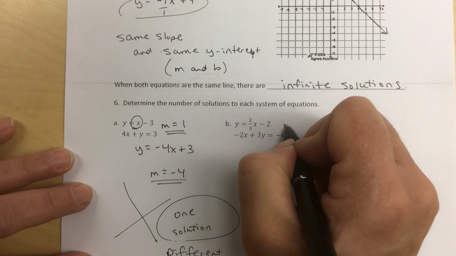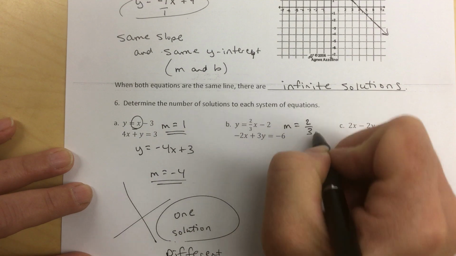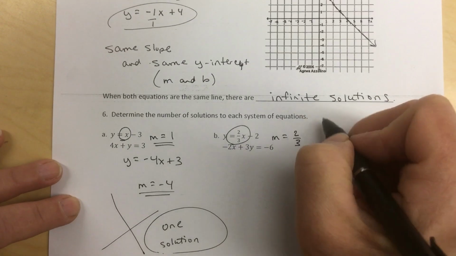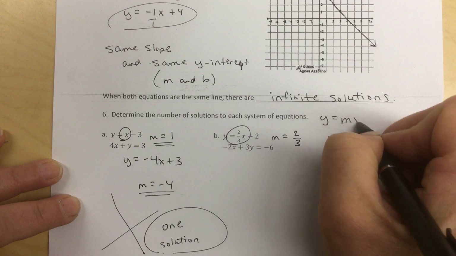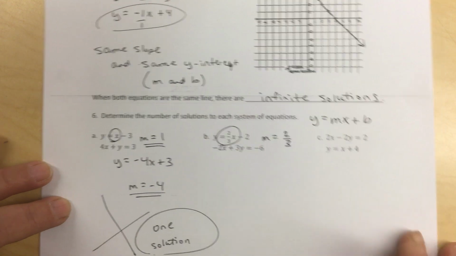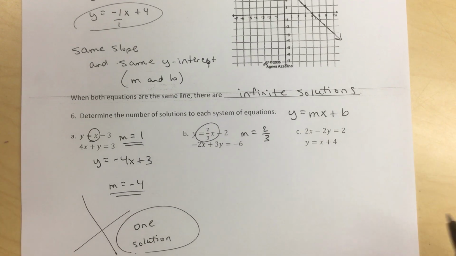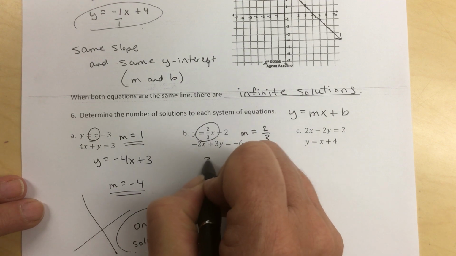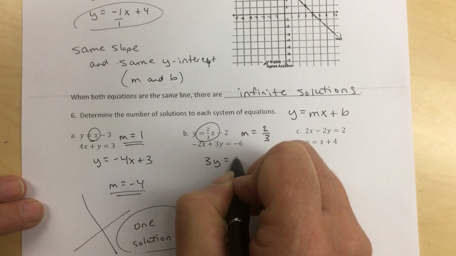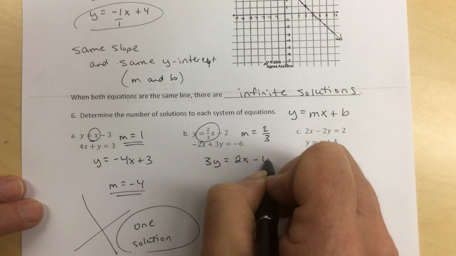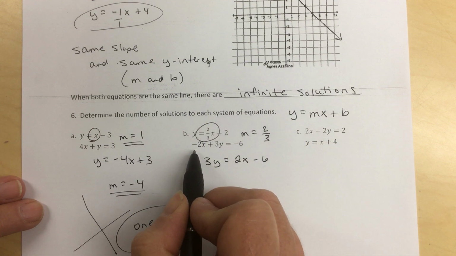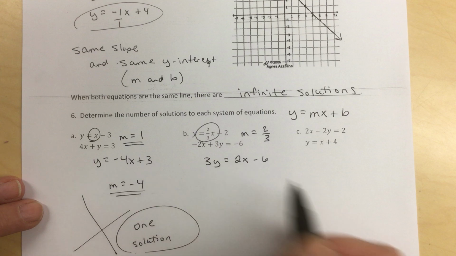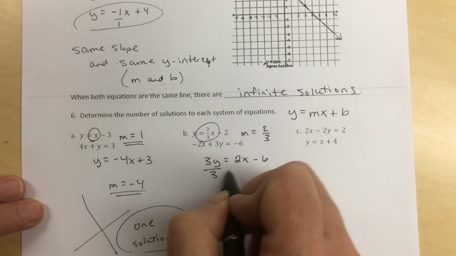This one, the slope is 2/3, because you look at the number beside the x. Remember, for all this, we're using y equals mx plus b, where m is the slope and b is the y-intercept. This one we need to rearrange. We've got to put the 2 over there. So we have 3y is equal to positive 2x minus 6. Divide everything by 3.